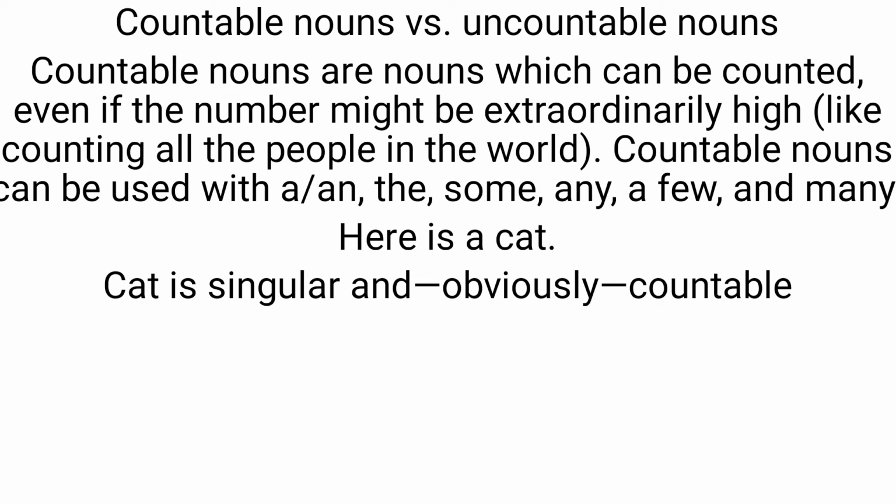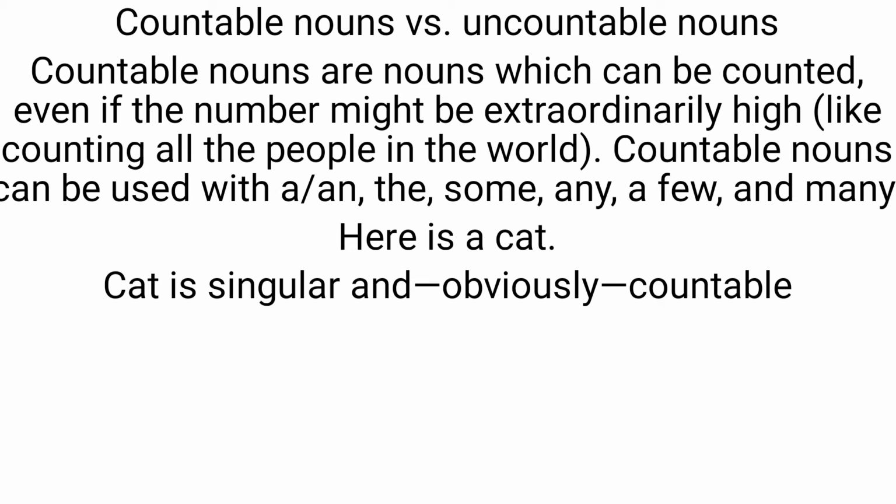A countable noun can be used with a, an, the, some, any, a few, many, etc. Here is a cat. A cat is singular and obviously countable. The nouns which can be counted are called countable nouns.